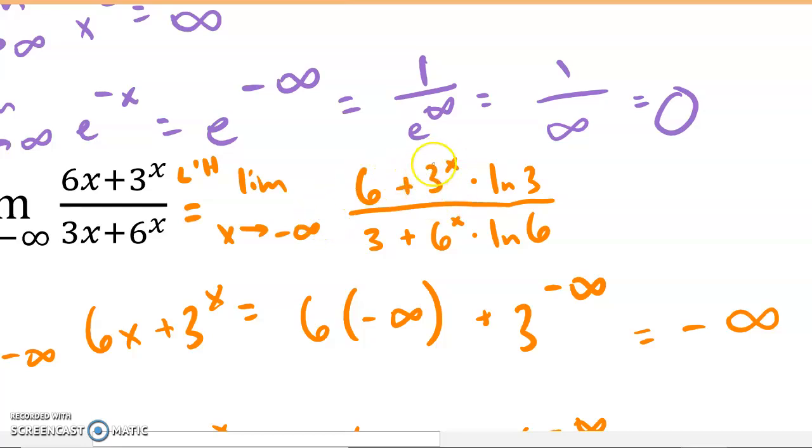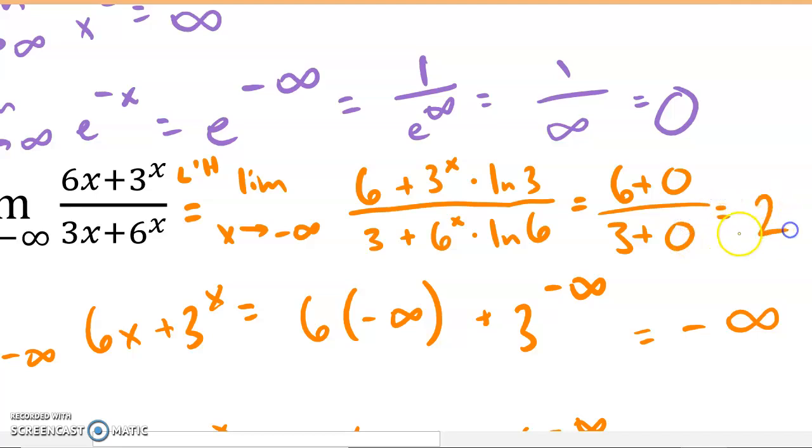Remember that this piece right here went to 0, and this piece right here went to 0. So that means we're going to take 0 times a constant, 0 times a constant. These guys right here go away. So the only thing that's left is 6 on the top and 3 on the bottom.